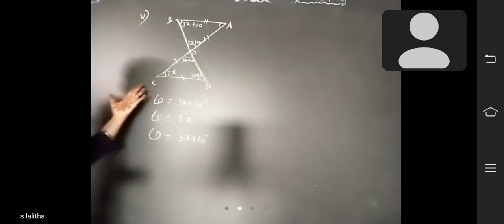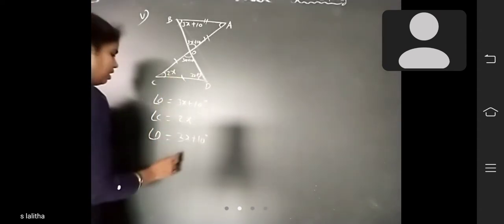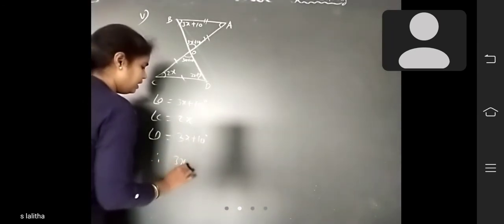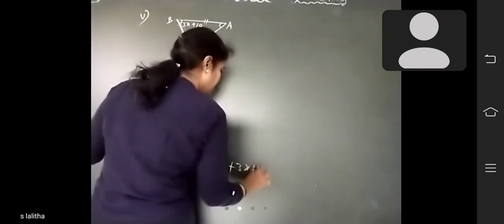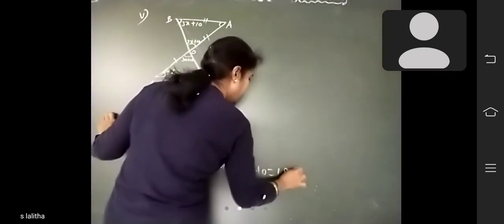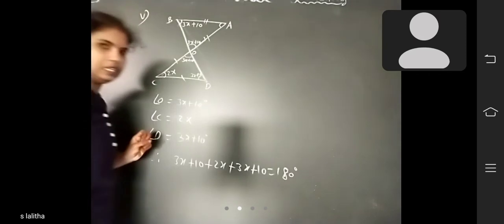So you have to take the sum of all the angles of a triangle is equal to 180 degrees. Okay, now add. Therefore, 3x plus 10 plus 2x plus 3x plus 10 equal to 180 degrees.